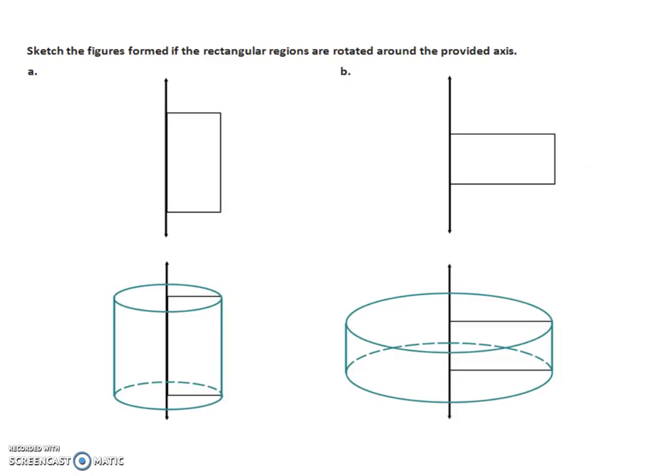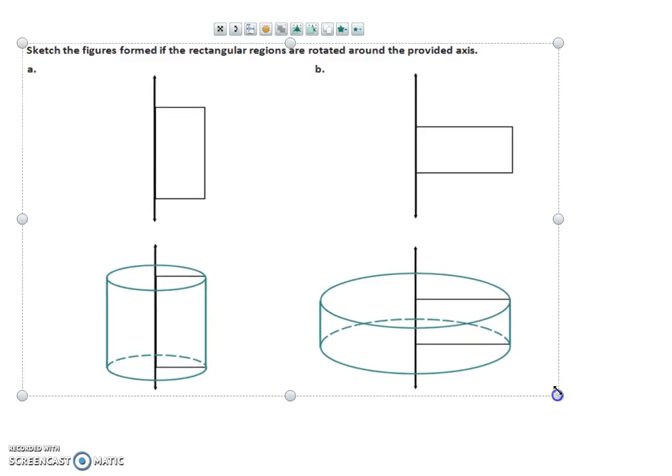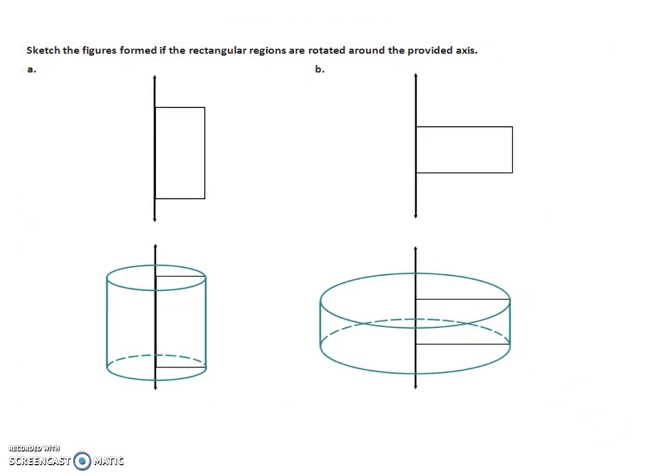Now I want you to note this one. Sketch the figures formed if the rectangular regions are rotated around the provided axis. If you look here, this is a rectangle. This is the length and this is the width.